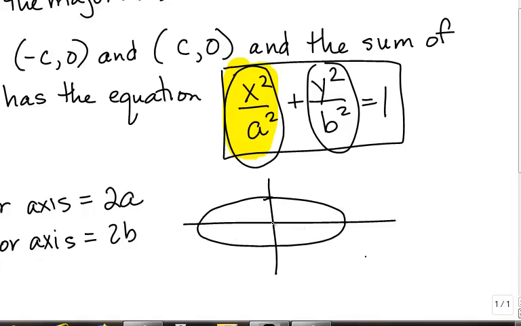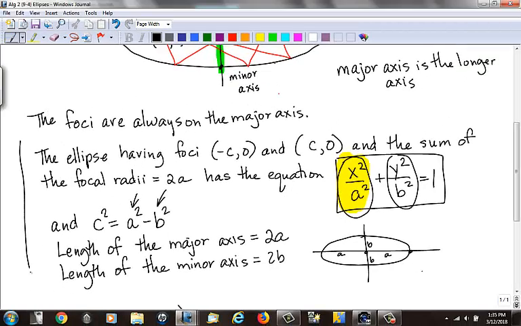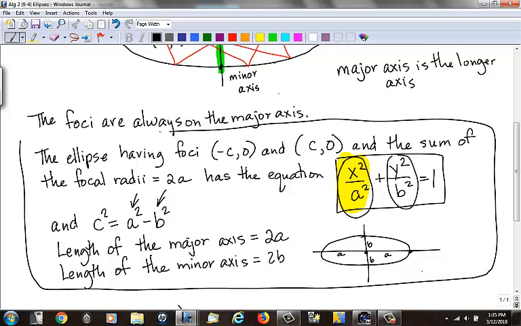But that's telling you from here to here is what letter? A. So the major axis would be 2a, and the minor axis from here to here would be b and b. And then the foci would be at c. Okay? So put this in a box maybe to highlight. This is if the center's at 0, 0, and your major axis is your x-axis.